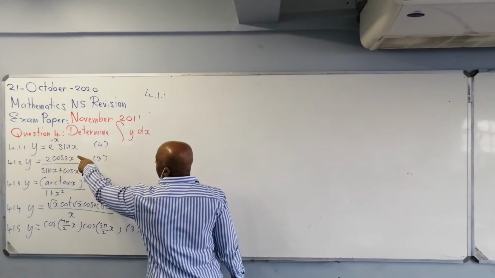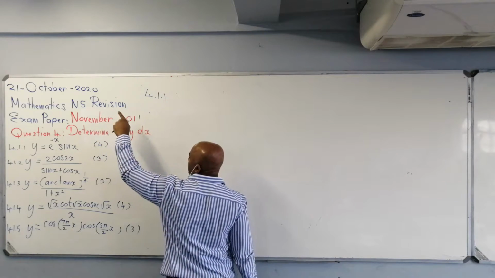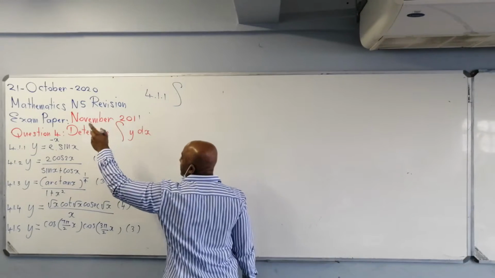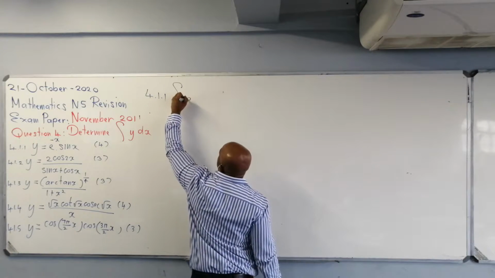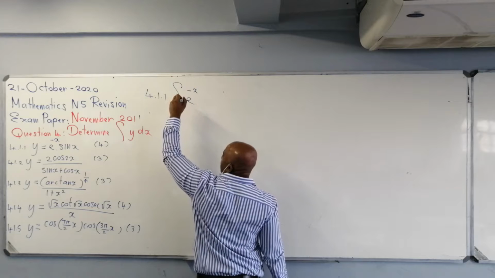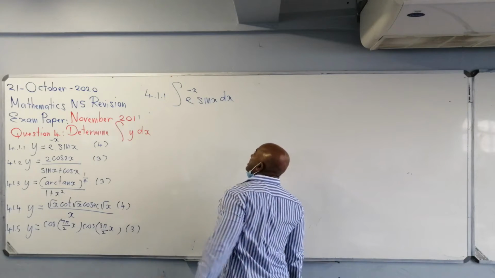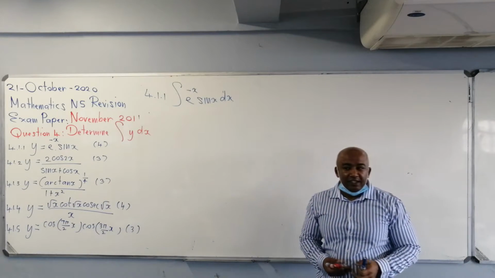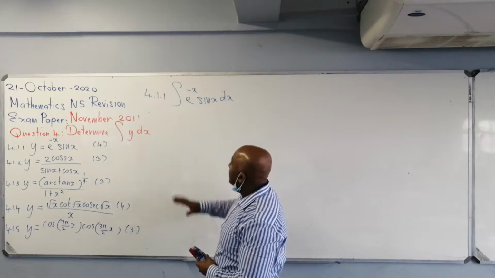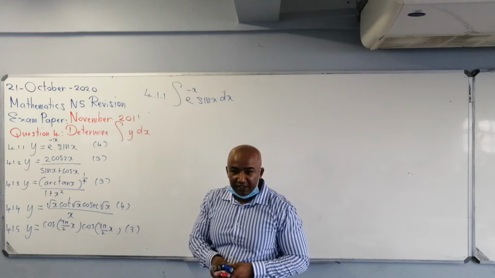we've got y is equal to the integral of e to the power minus x times sine. Put in your integration sign. We will not write down y here. It's the integral of e to the power minus x times sine x. So you should know whenever it's an exponential function times your trig function, that's your special case example.